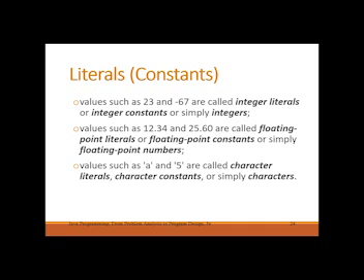Next, literals or constants. Values such as 23 and negative 67 are called integer literals or integer constants or simply integers. Values such as 12.34 and 25.6 are called floating point literals or floating point constants or simply floating point numbers.